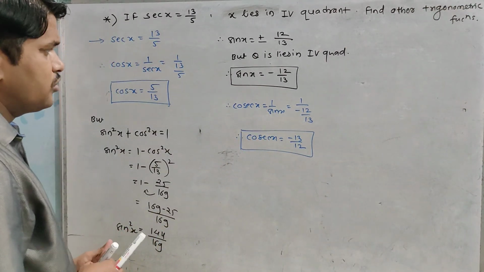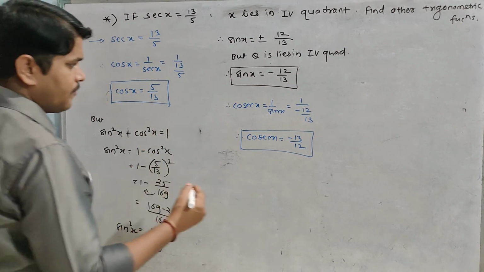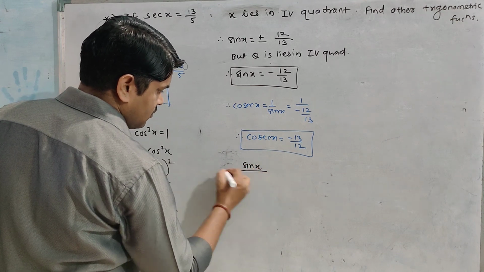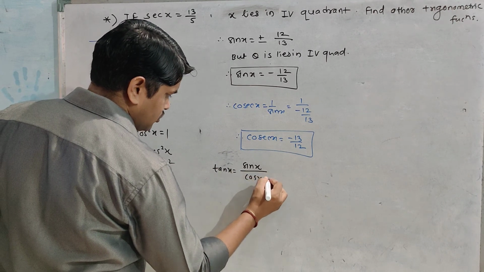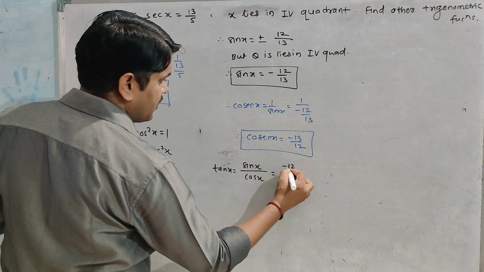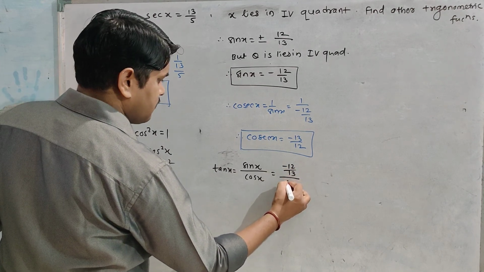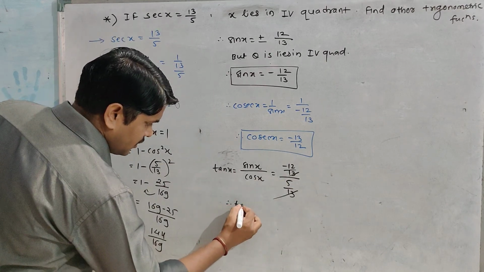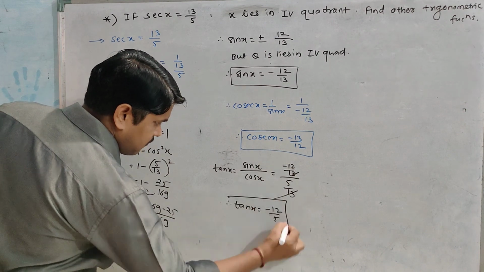Understood? That is cosec x. Now sin upon cos, so we get tan x. Tan x is equal to sin x upon cos x. The value of sin x we have is minus 12 upon 13 and the value of cos is 5 upon 13. So this 13 gets cancelled and therefore we get tan x is equal to minus 12 upon 5.